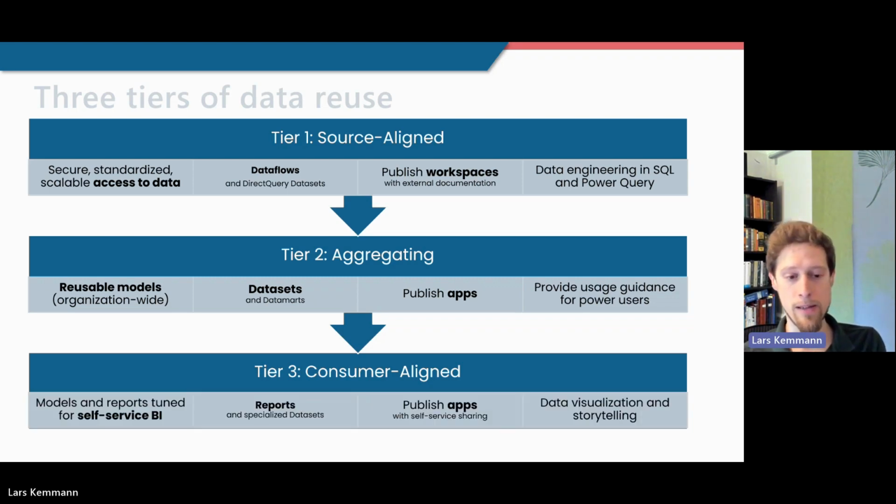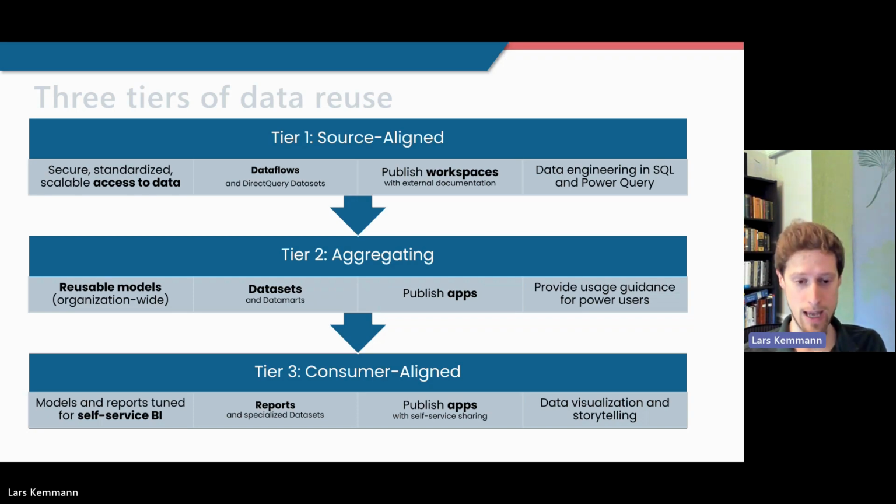So here we've got models and reports that are tuned for self-service BI. This is the 80%, 90% of your organization that are not Power BI power users, but also the ones who really want to answer questions, maybe using Q&A, maybe using filters and slicers. And so here you've got reports, and in some cases, maybe some specialized data sets to meet a particular consumer need.